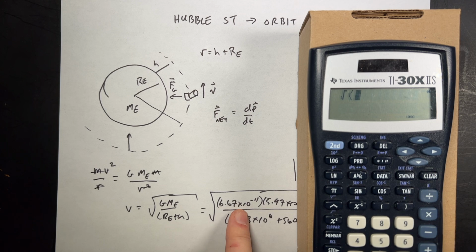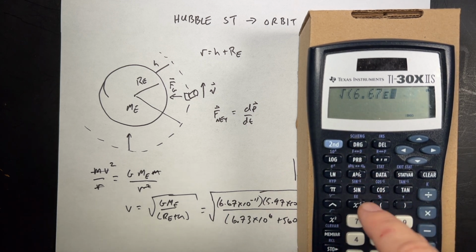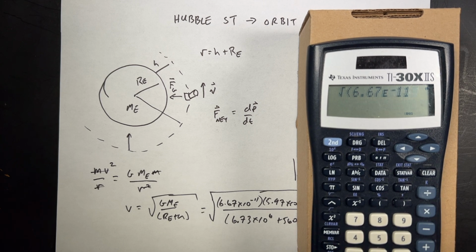Okay, now if you enter these in scientific notation, you're going to be much better off because you don't have to worry about the order of operations between the numbers. So I'm going to say 6.67 scientific notation negative 11th. Now that's just one number. I don't need to worry about parentheses.